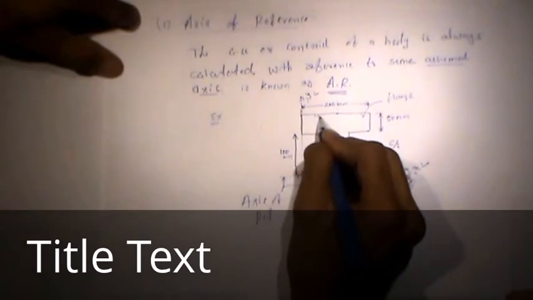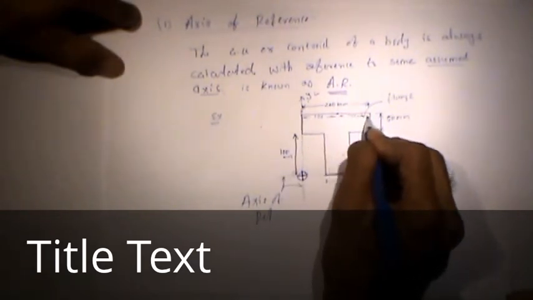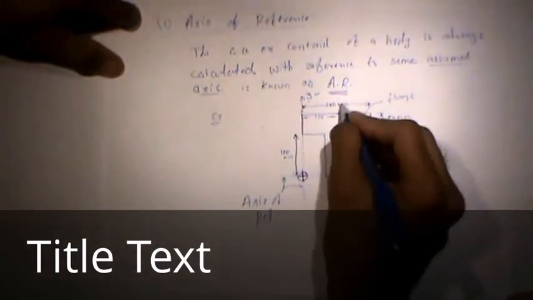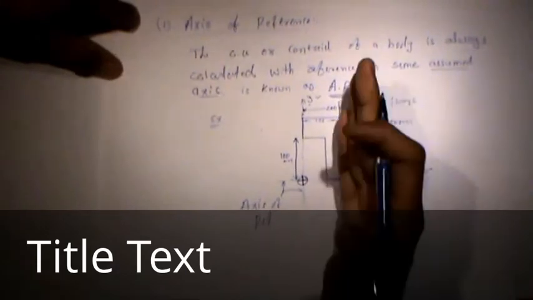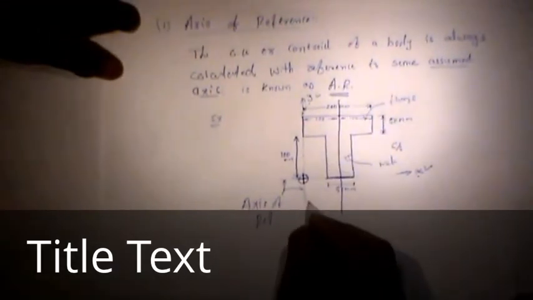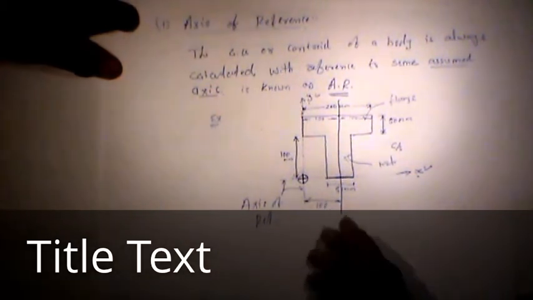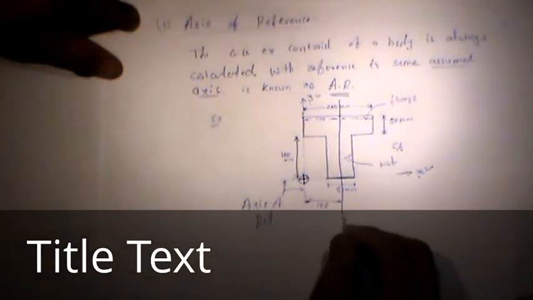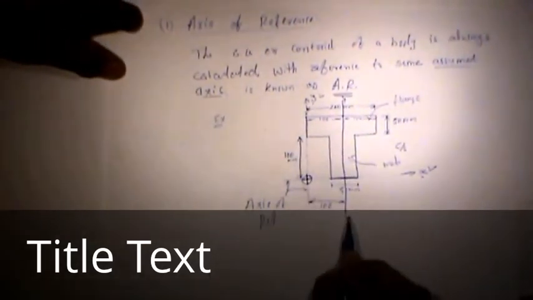So this is 100 as well as this is 100. This axis passes through the mid of the section, and this distance is 100. So we have a section which is symmetrical.